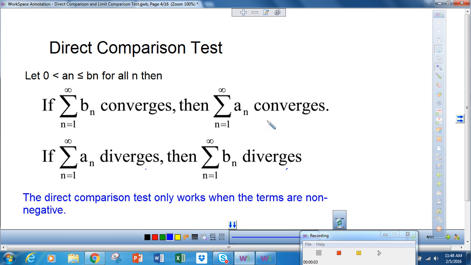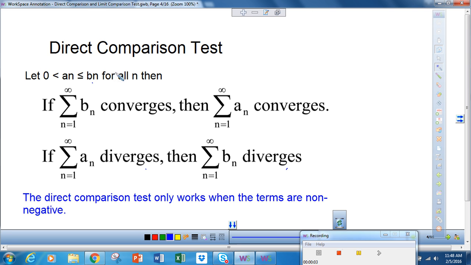And the right conditions are this: in order to prove that a series converges, I have to prove that it is smaller than a known convergent series. The known series that I'm going to look for are p-series or geometric series, things that I can look at and easily determine if they converge or diverge. So I'm going to compare it with one of those.